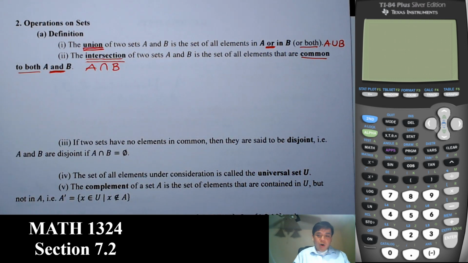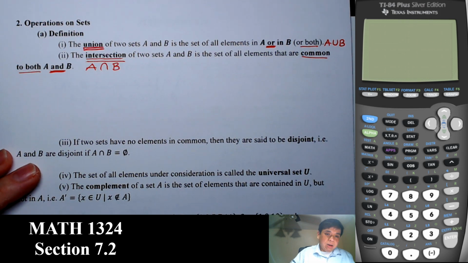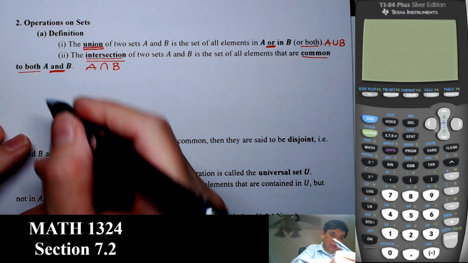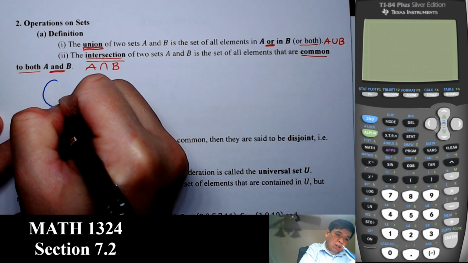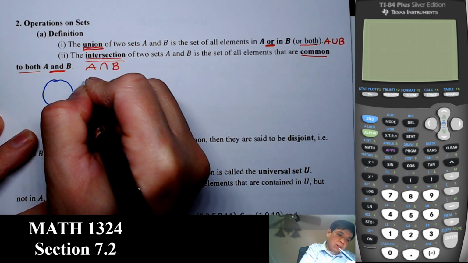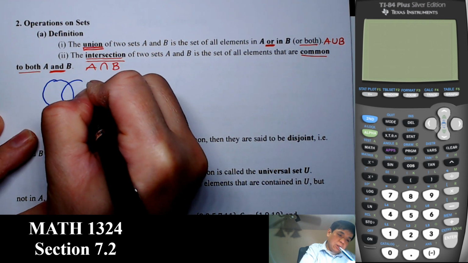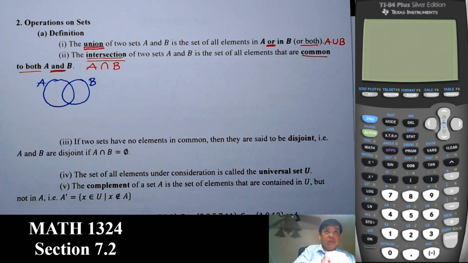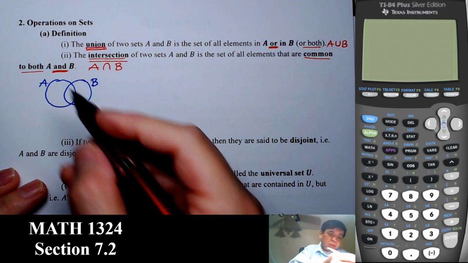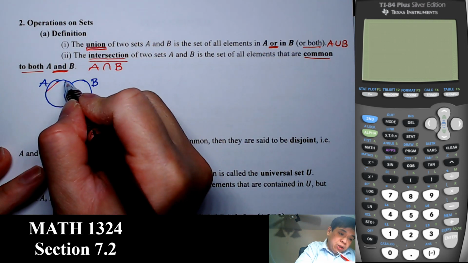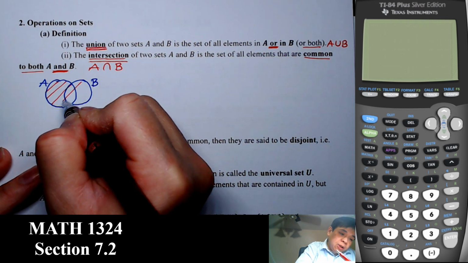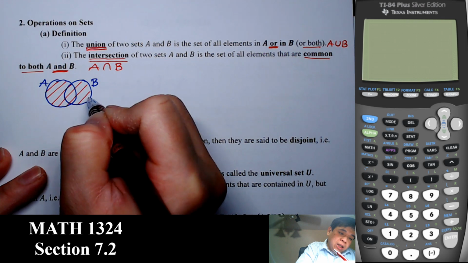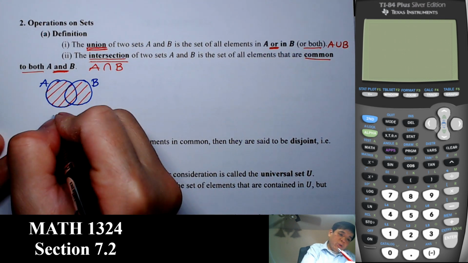So if we draw it out like this, this is called the Venn diagram. If we have A and this is B, then the union is either in A or in B. So that is the symbol for union.